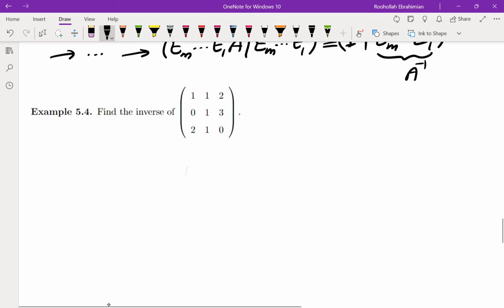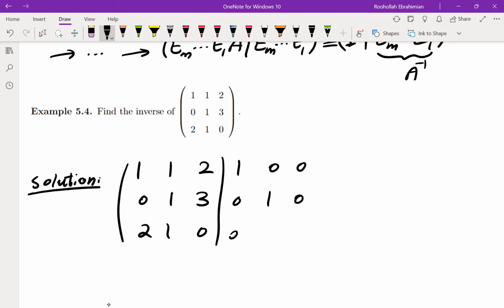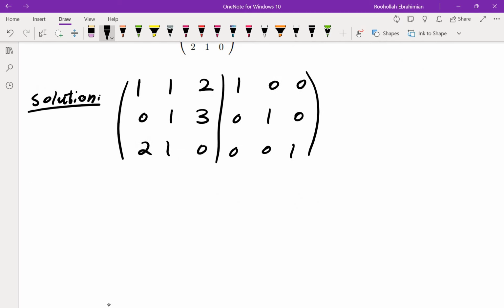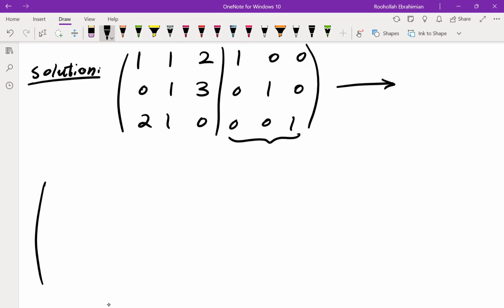So now we are ready to do an example. We want to find the inverse of this matrix. So what we do is we take the matrix and we put it in an augmented matrix. We do row operations. The second portion of the matrix gives us the inverse as long as we get to the identity matrix on the left.